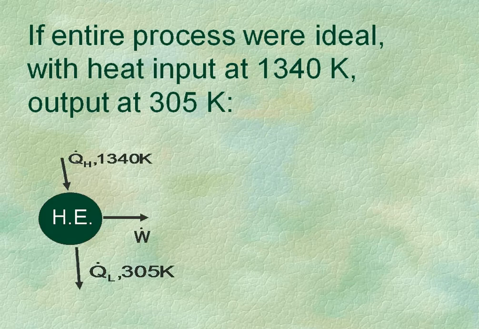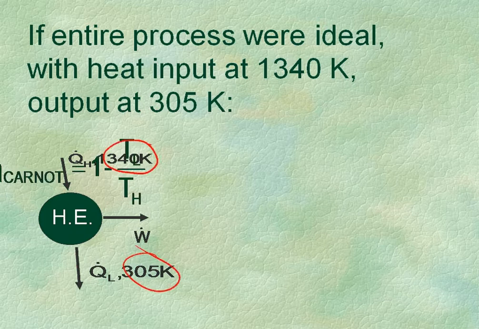Now I like to look at the overall process. And suppose we had an idealized process, the best process we could ever come up with. We've looked at the real Brayton engine. We've looked at the Brayton engine with an ideal turbine and an ideal compressor. Now let's suppose we had some ideal heat engine overall operating between these two temperatures, 1340 and 305.